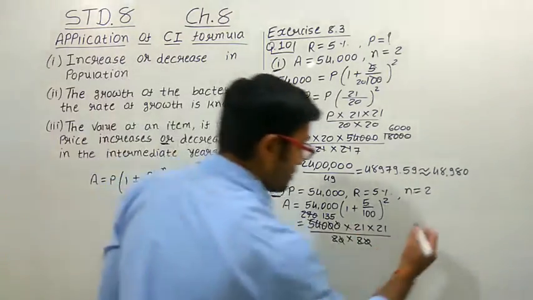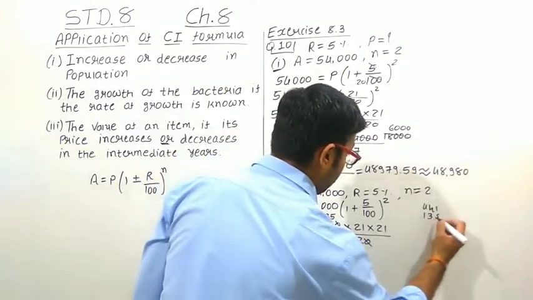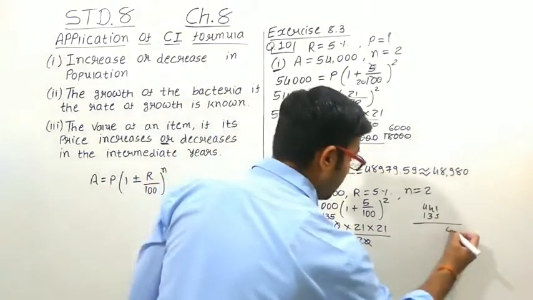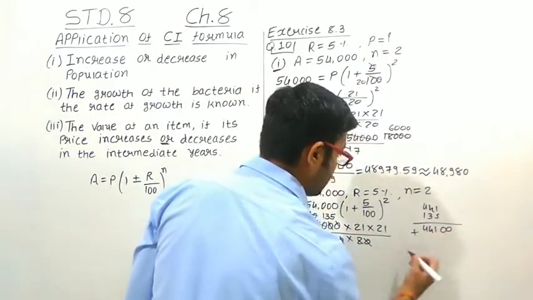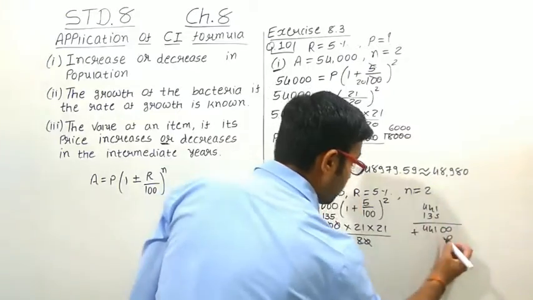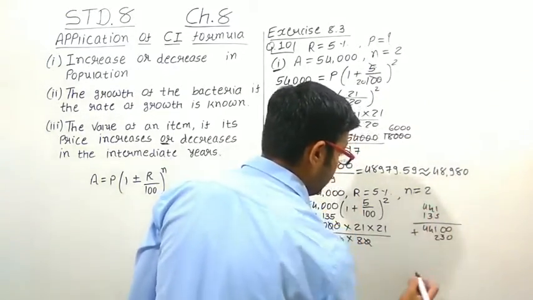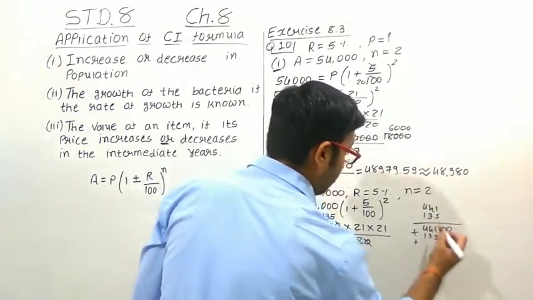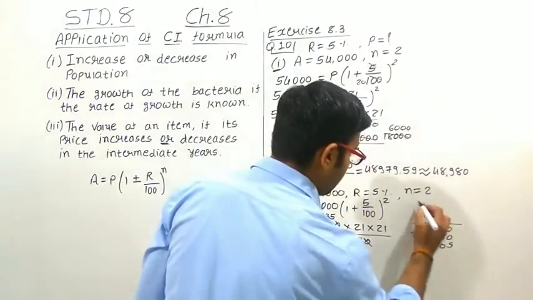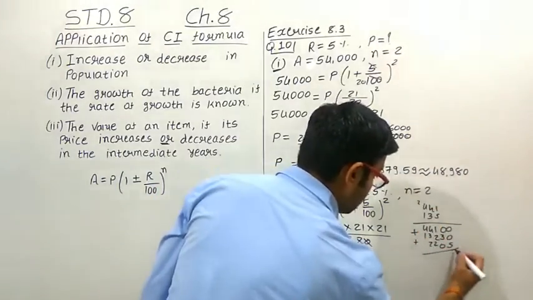21 square is 441. We have to multiply it with 135. So let us check what answer we will get. 0 0 441 plus 0, 3 1s are 3, 3 4s are 12. 1 is the carry, 3 4s are 12 plus 1. Then 5 1s are 5, 5 4s are 20, 0 is there, 2 is the carry, 5 4s are 20 plus 2, 22. So what is the total answer we are getting?